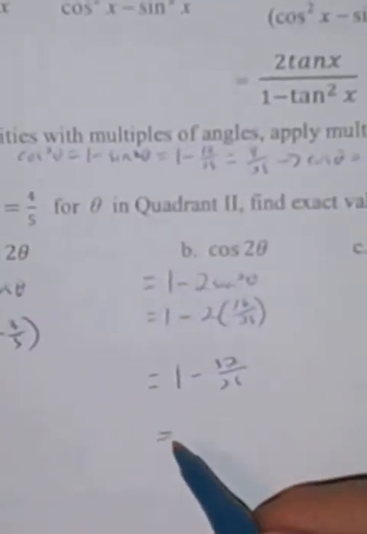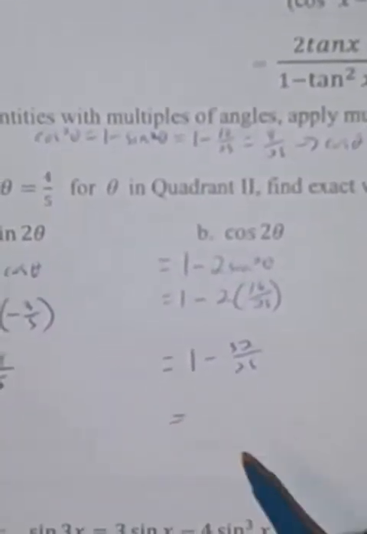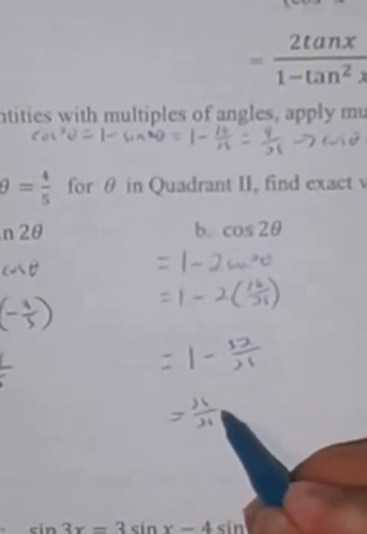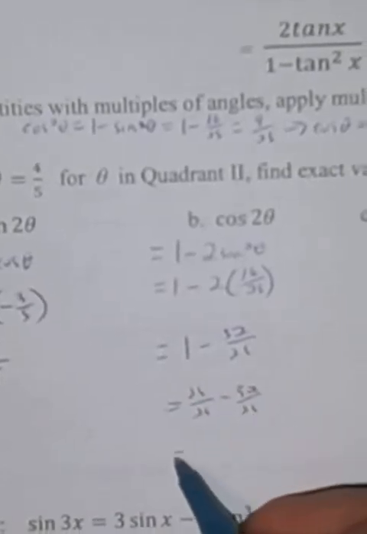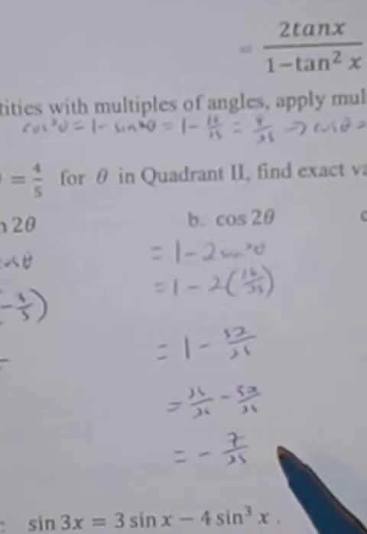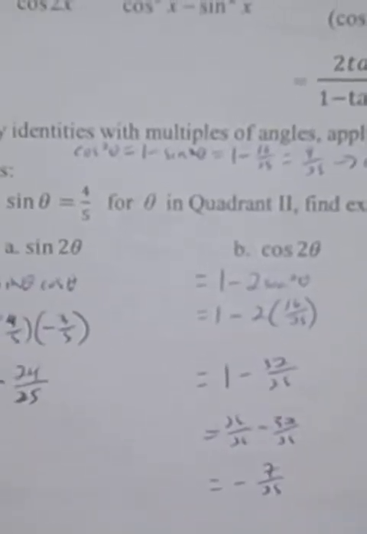Of course 1 is 25/25, so 25/25 minus 32/25 will be negative 7/25. So that's our answer: cosine of 2 theta is negative 7/25.